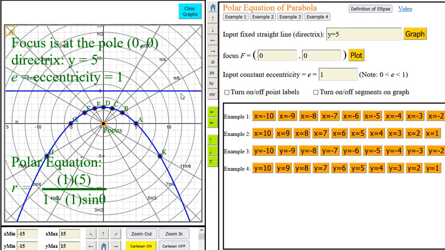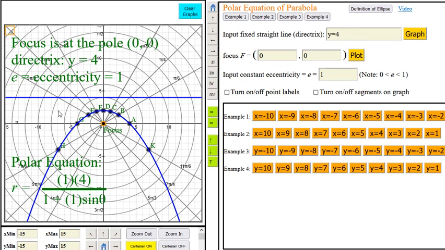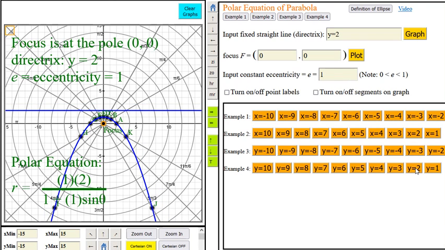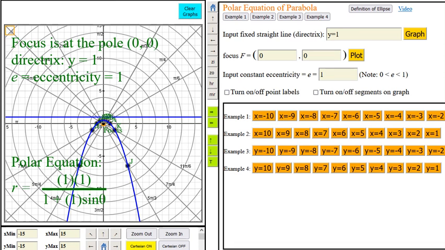Directrix y equal to 5, so we get a 5 here. Directrix y equal to 4, and so we get 4 there. Directrix y equal to 3, so we get a 3. And then 2 and 1.